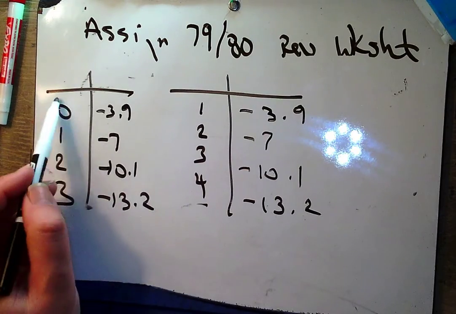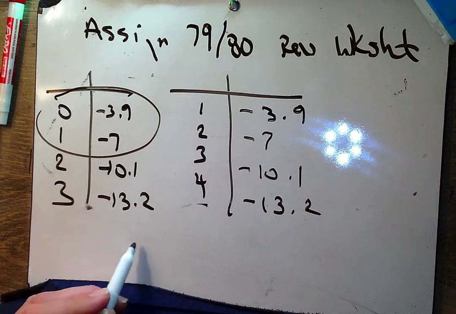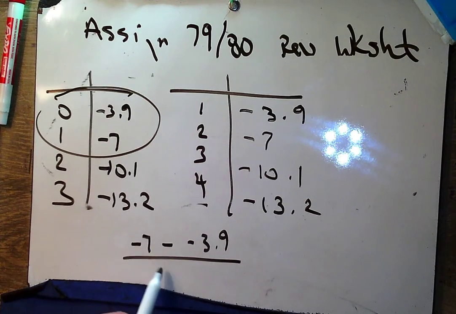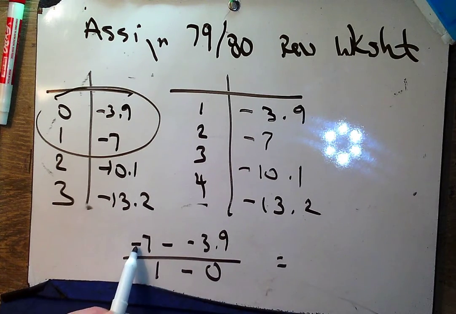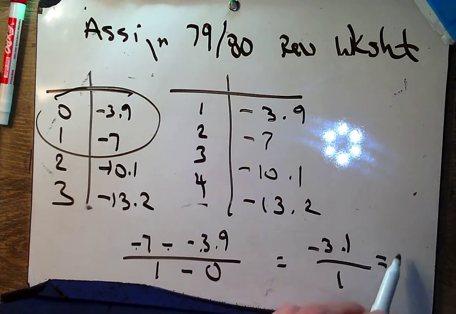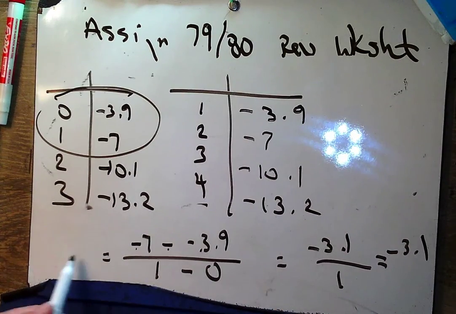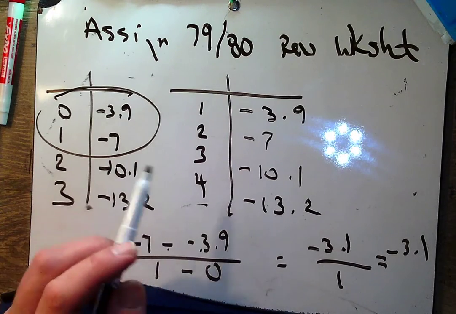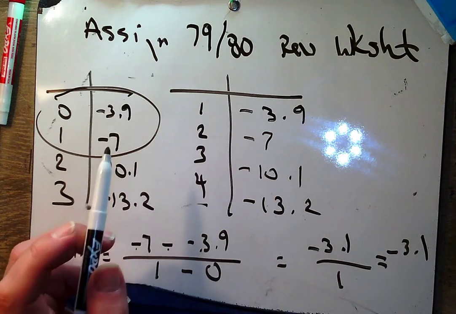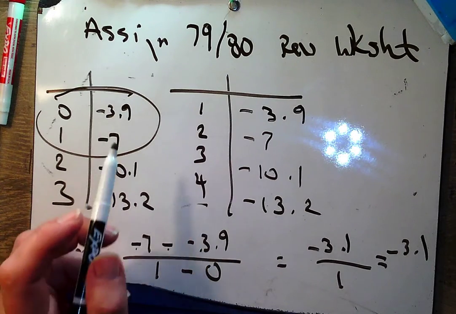So to find my slope, I'm going to do y2 minus y1 over x2 minus x1. So it's minus 7 plus 3.9, which is minus 3.1, over 1, or minus 3.1. So there's our slope. Okay. And I notice that that knocks out A and D because the slope is 3.9 on those.